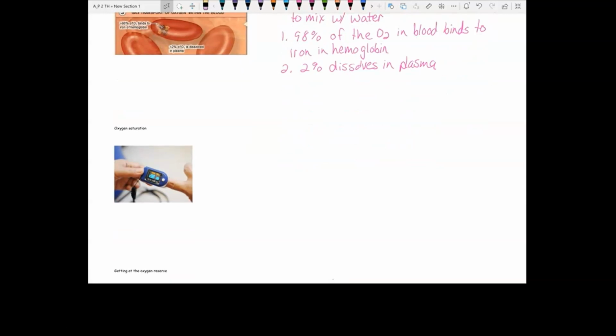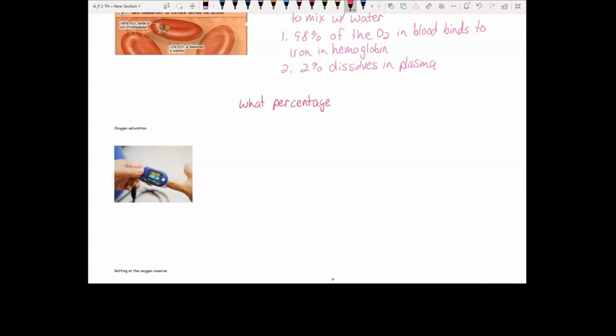Then I want to explain what oxygen saturation is. So this is a common measurement that's taken. And we have those little meters in class that you've put on your finger before and you've seen your oxygen saturation. This is telling us what percentage of hemoglobins are carrying an oxygen.